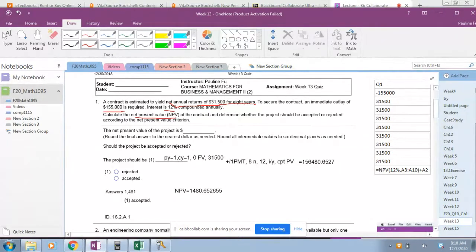So first, we need to know what is the net present value. By definition, net present value is equal to present value of cash in minus present value of cash outflow.